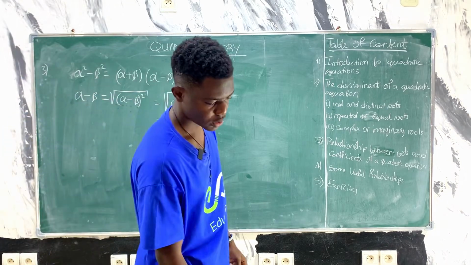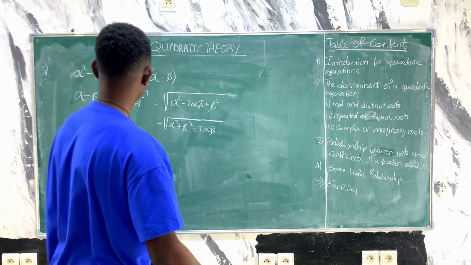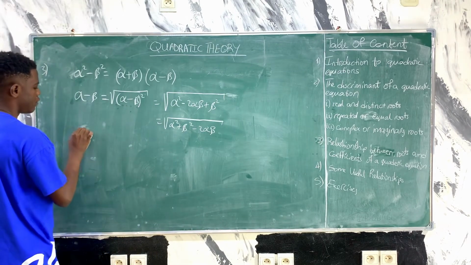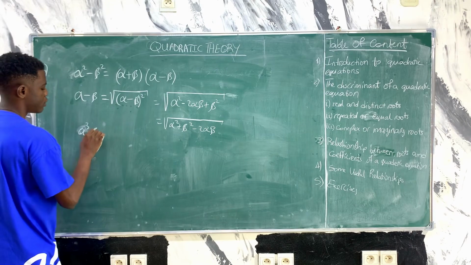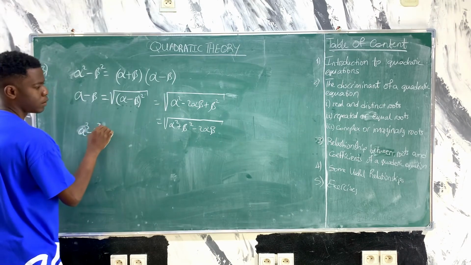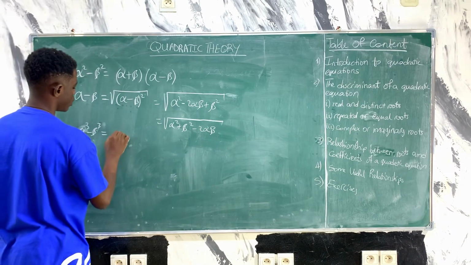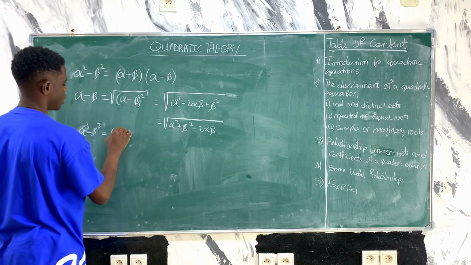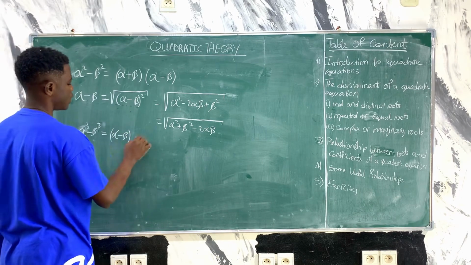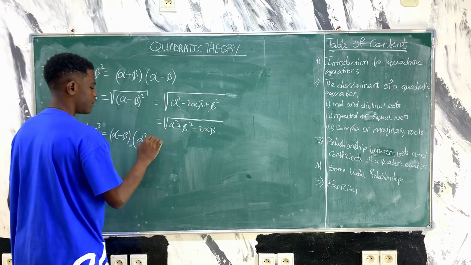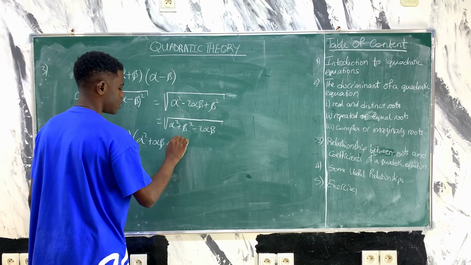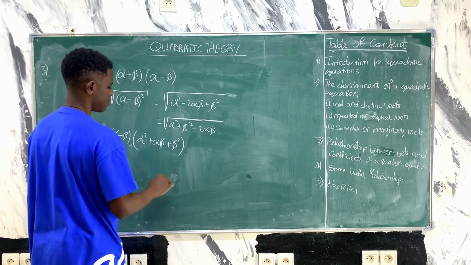The third one is alpha cube minus beta cube, which is equal to alpha minus beta into alpha squared plus alpha beta plus beta squared.